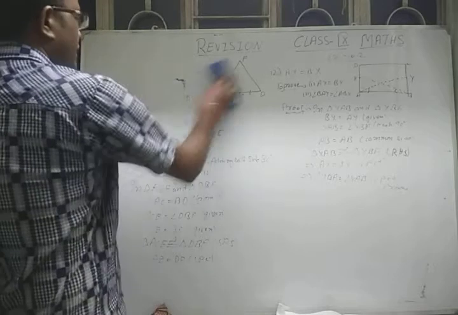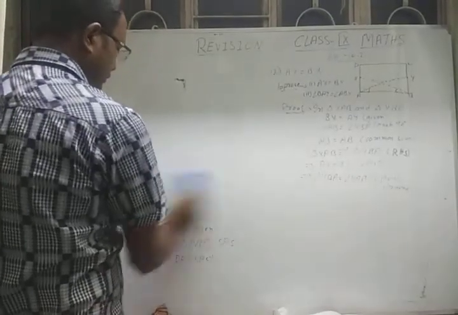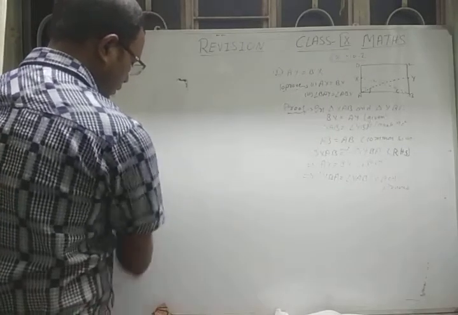Now the next question that I will do is from the isosceles triangles property of exercise 10.3.